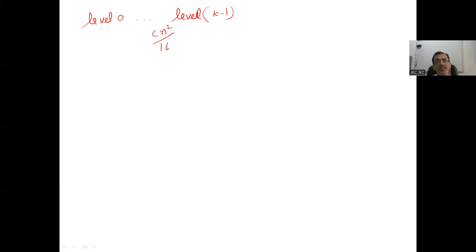Cn square by 16 as level 0. Then I have 3 by 16 into Cn square. Then I have 3 by 16 square into Cn square, and so on.